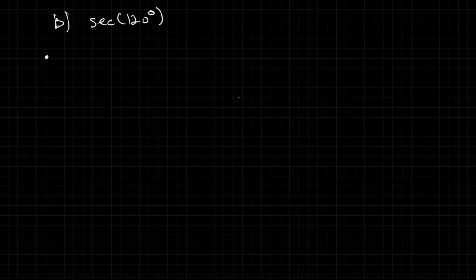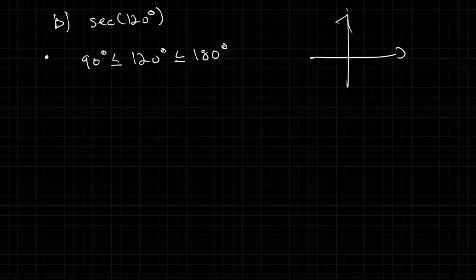And then we'll establish what quadrant 120 degrees is. Well, 120 degrees is between 90 degrees and 180 degrees. And of course, that means we're between this vertical positive y-axis and this horizontal negative x-axis, and so again, turns out we're in quadrant 2.